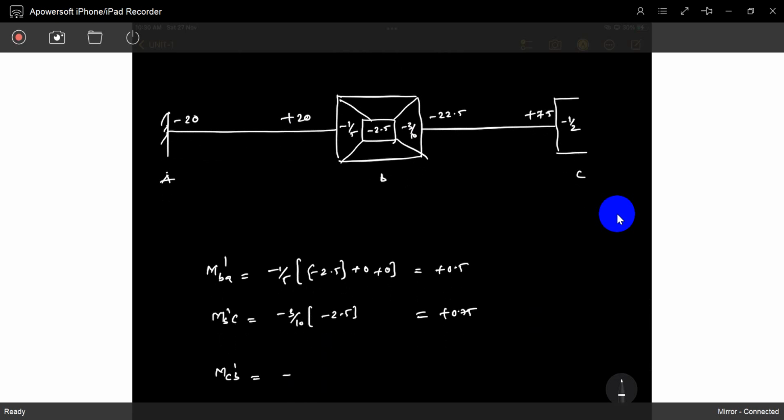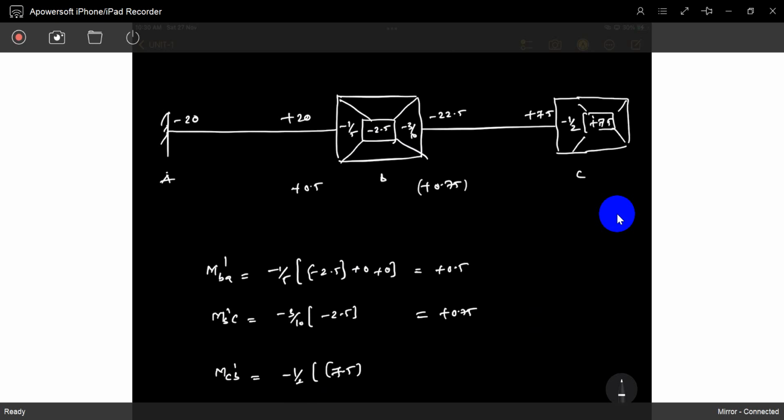So what is the rotational contribution factor? 1 by 2. Sum of the fixed end moments is what? 7.5. And also, if you see, now it's 0.75 already calculated from BC. For the C joint, what are the far ends? We don't take it, it's taken as 7.5.